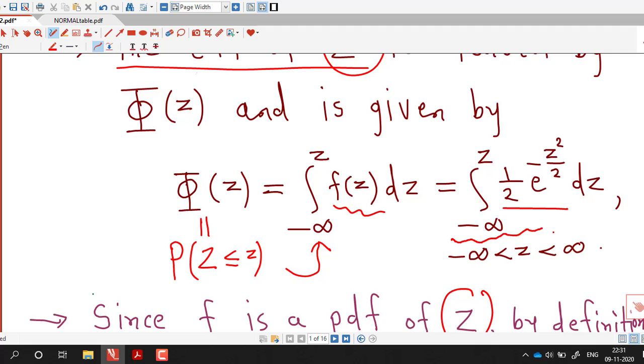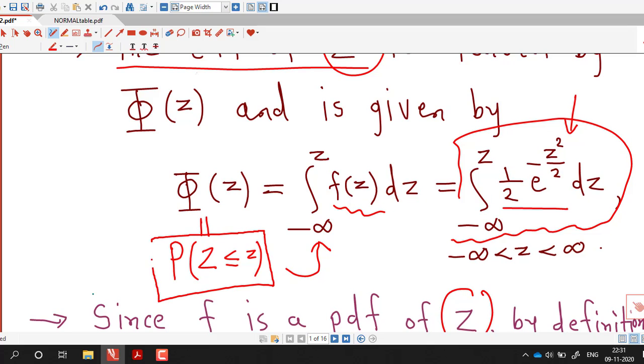But as we have discussed in the last lecture, we are not able to evaluate this integral using usual methods of calculus. So we are not going to evaluate these integrals for calculating probabilities.